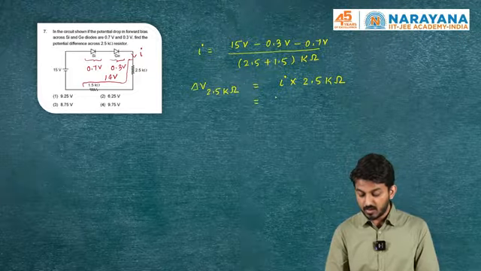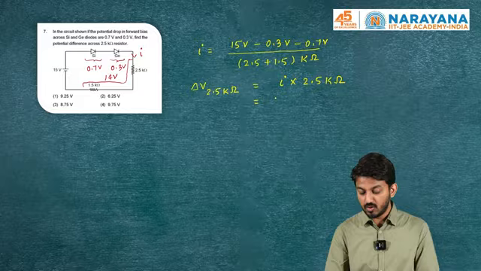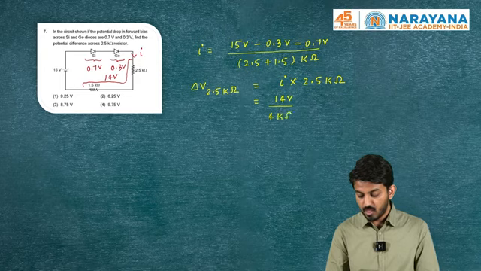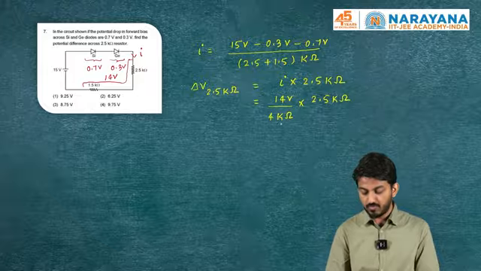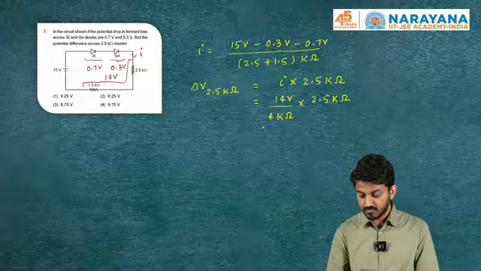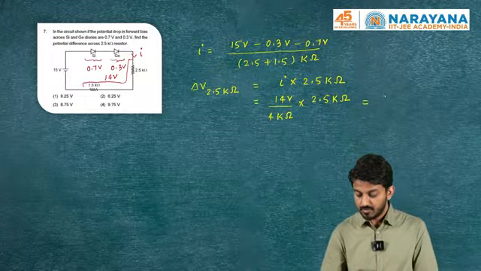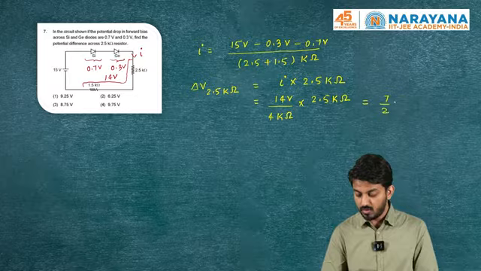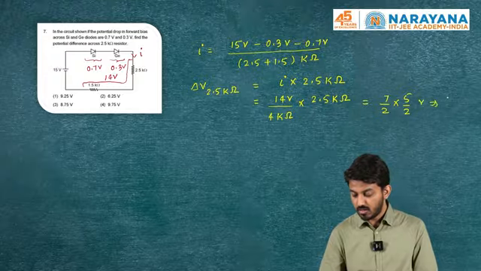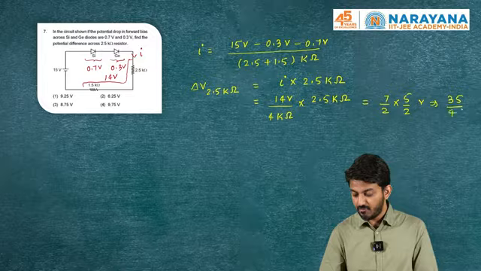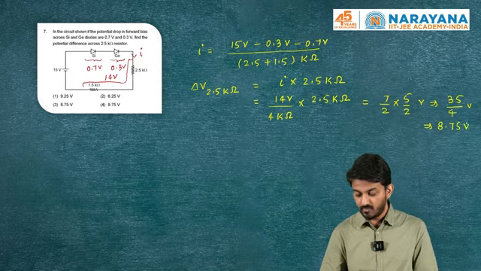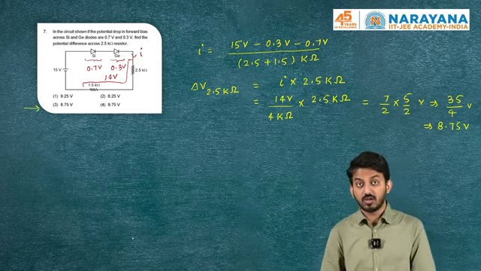The current comes out to be 15 minus 1, that is 14 volt, divided by 4 kilo ohm, multiplied by 2.5 kilo ohm, giving us 7 over 2 multiplied by 5 over 2 volt, that is 35 by 4 volt, which is equal to 8.75 volt. Thus, our third option here is correct.